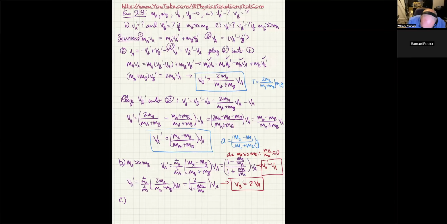All right, now we're going to do the same thing. VA prime is equal to MA minus MB over MA plus MB. But this time I'm going to multiply by 1 over MB over 1 over MB. Of course, we still have the VA over here.